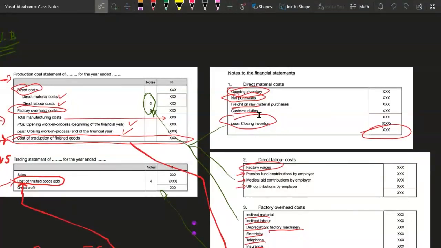Remember again, I answered Yanula. You don't only look at the cost of the product, you have to look at all the costs involved in the shipping, custom duties, and all these kinds of things. Once you add up all these costs, minusing the closing inventory, you will get the direct material cost, right?